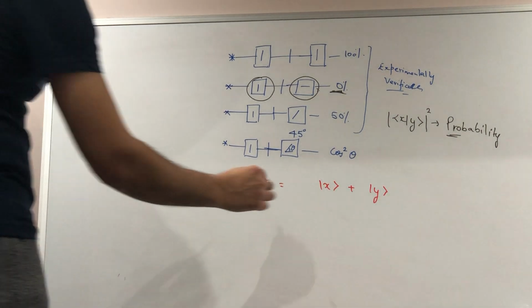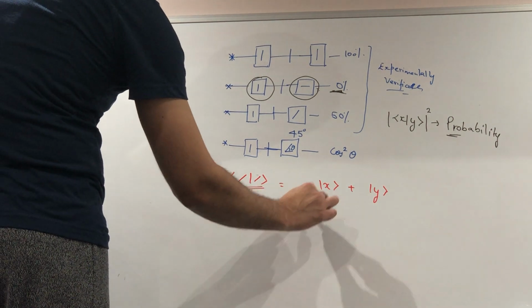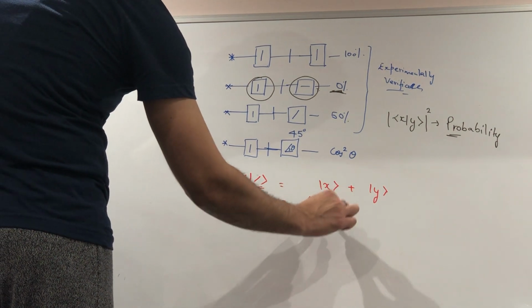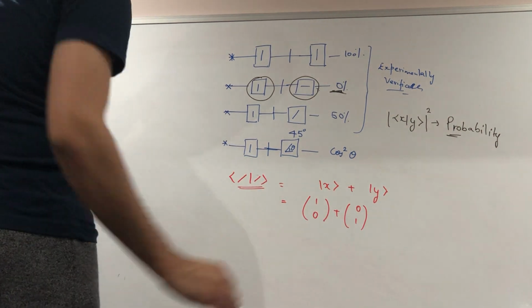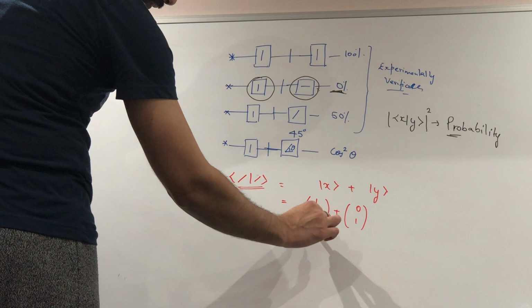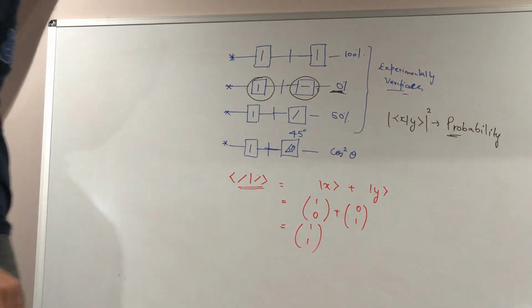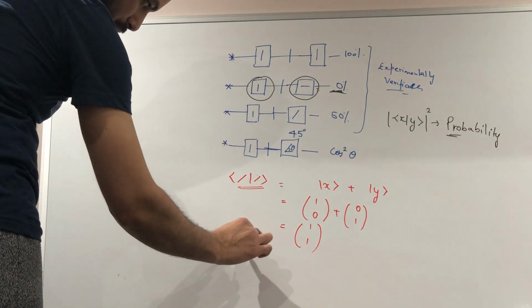So what is x here? X is 1, 0, and y is 0, 1. So when I add these terms, it becomes 1, 1. Now let's find the probability of getting the output.